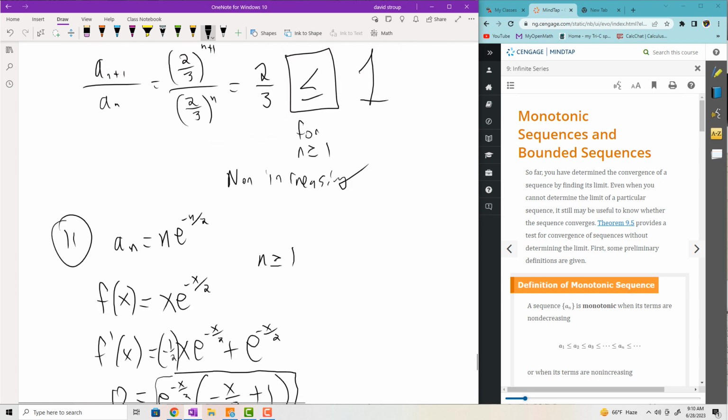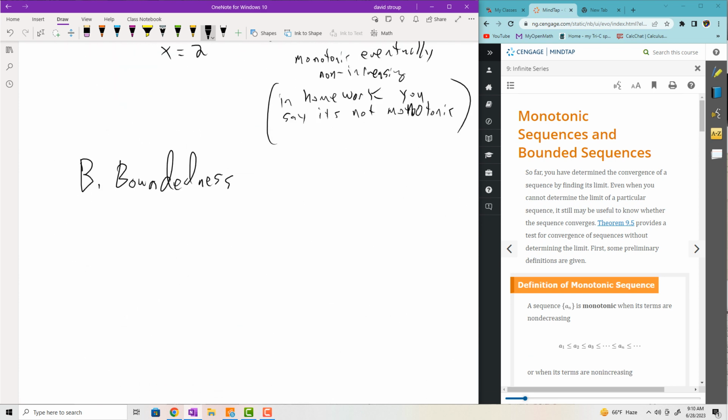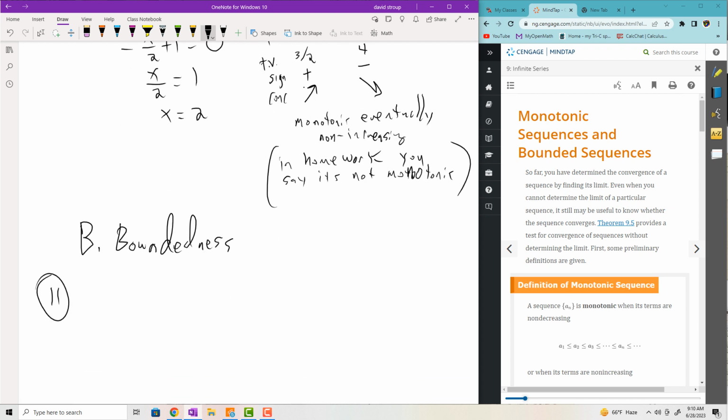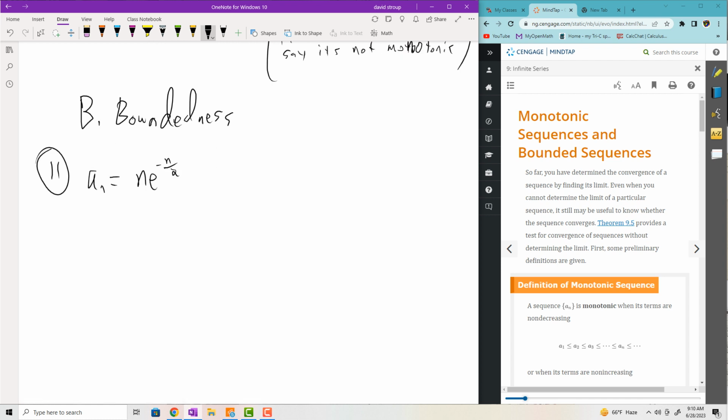And we could just take a look at the problem we were doing, number 11, and see if that thing in particular is bounded. We want to show it's bounded below for this to work. So a sub n is equal to n e to the negative n over 2 again. Note for n greater than or equal to 1, the first factor in that expression is positive.